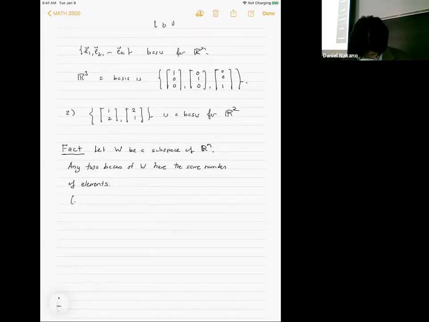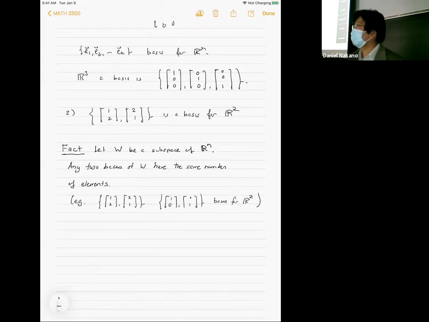So let me say, for example, 1, 2, 2, 1, and 1, 0, and 0, 1. These are both bases for R2. Okay, so they have the same number of elements.